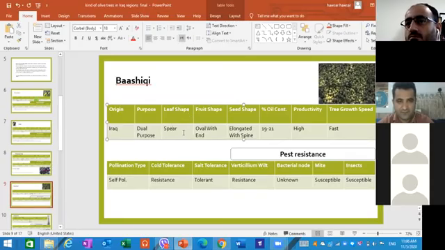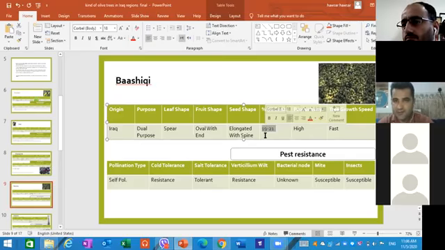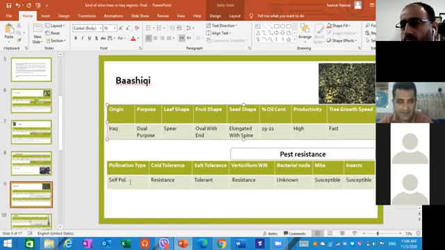And the leaf shape is spear, and the fruit shape is oval with the end, and the seed shape is elongated with the spine, and the oil content is between 19 to 21. Productivity is high, and it is economical because tree growth speed is fast, and also the pollination type is self-pollination.